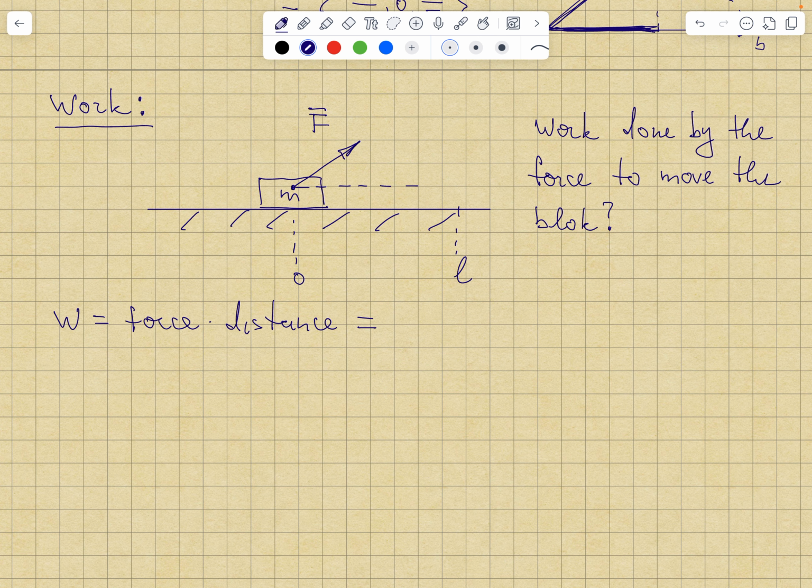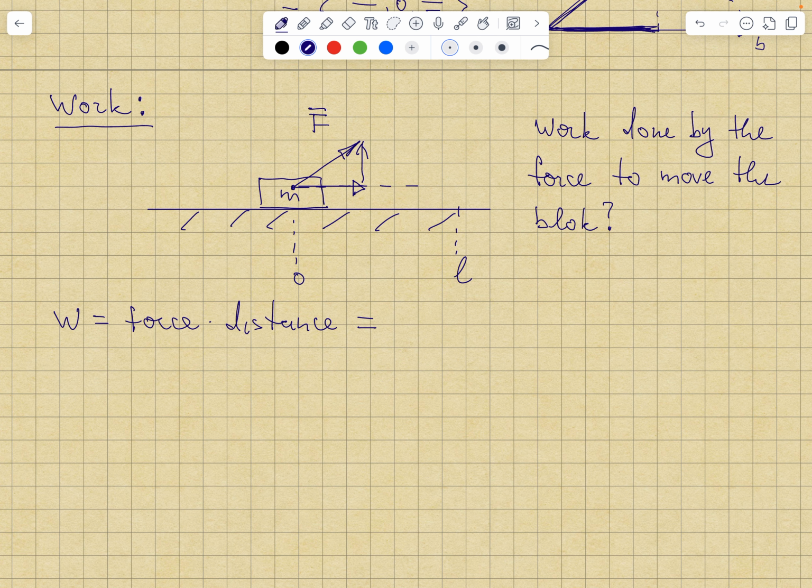And what is a force? Again, I can take this force and decompose it to the sum of two components. One component along the direction of motion, and another component perpendicular to the direction of motion. Clearly, the component that is perpendicular to the direction of motion doesn't do any work at all, right? Because this is a force that acts in the direction perpendicular to the direction of motion.